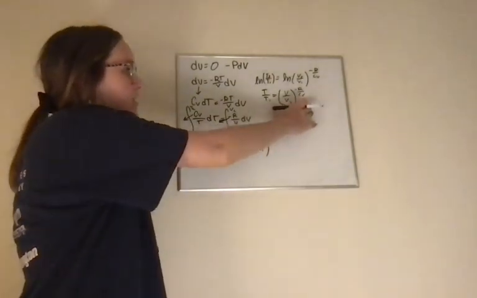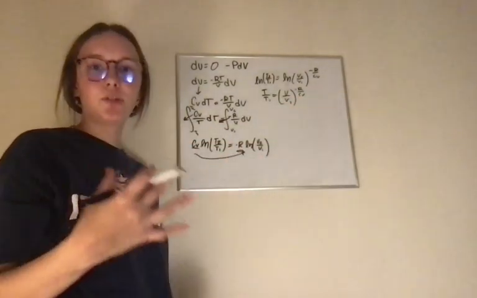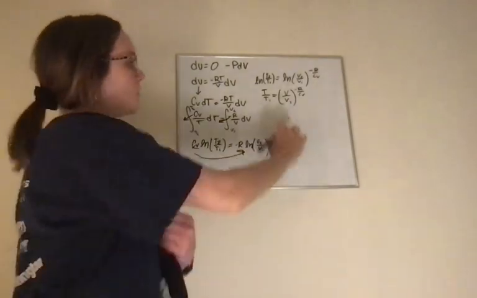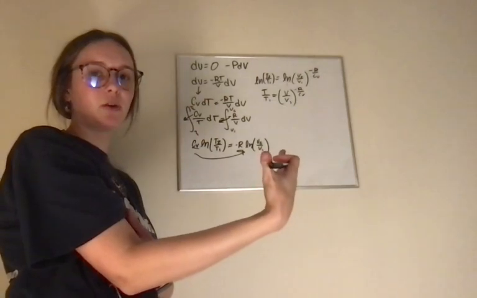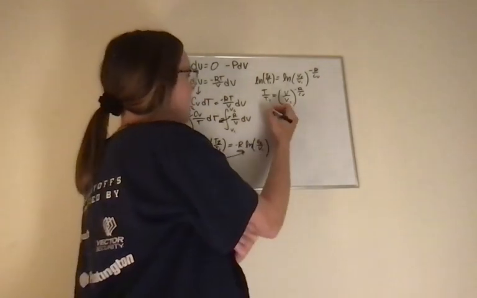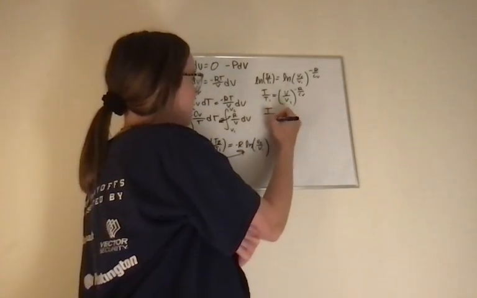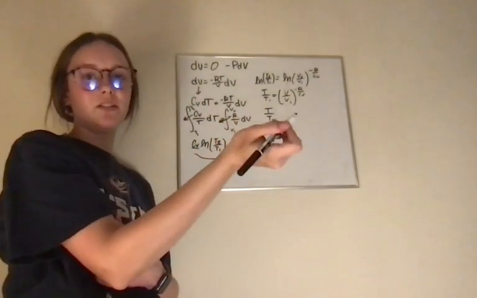So now that we have this, we want to get temperature in terms of pressure. So that means that we want to replace this V with something that we know is pressure. So we want to get T over T1. We're going to use the ideal gas law for this.